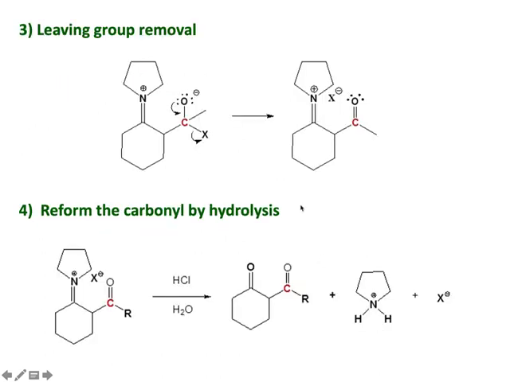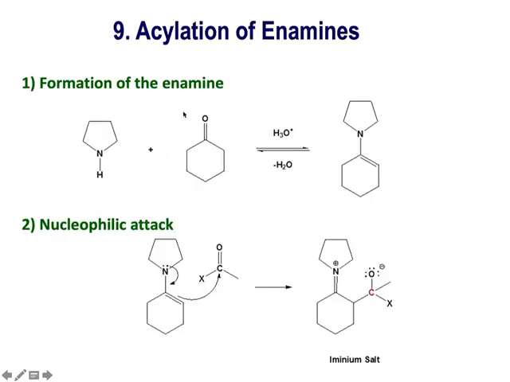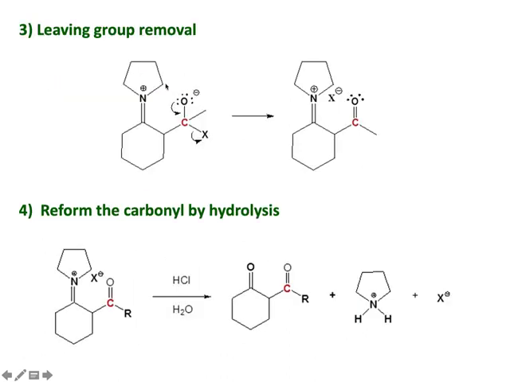And then leaving group removal. After the attack, this enamine will attach on the C, so the O pi bond cleaves to form O minus. This one becomes positive. So for the leaving group, the negative lone pair moves to the sigma bond to form a pi bond, elimination, and then X becomes a leaving group.